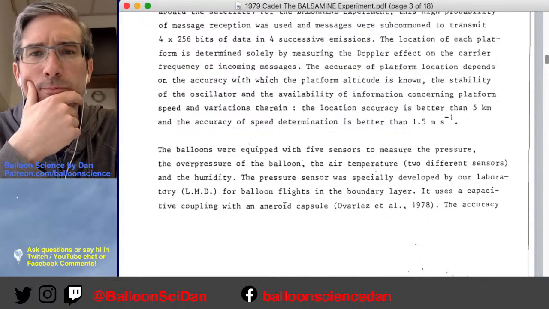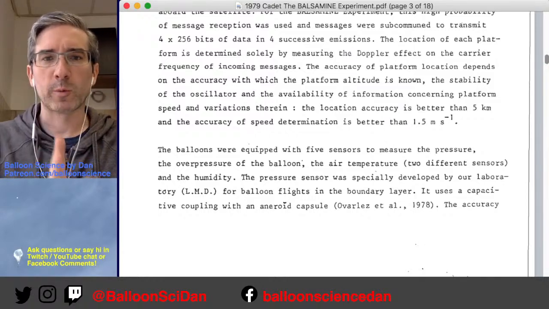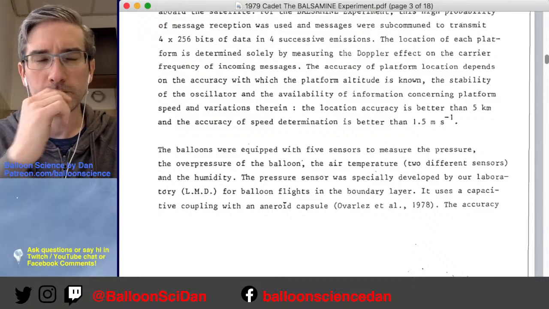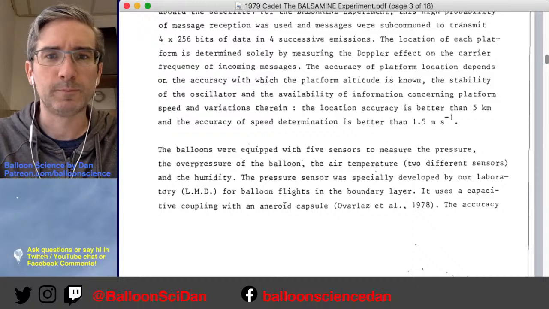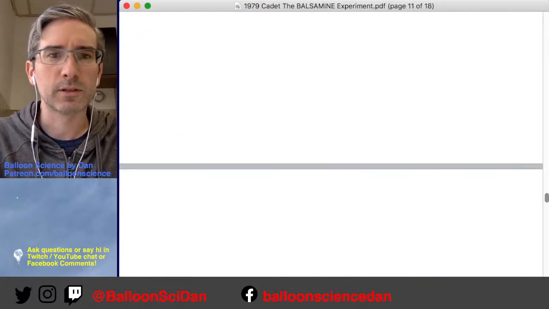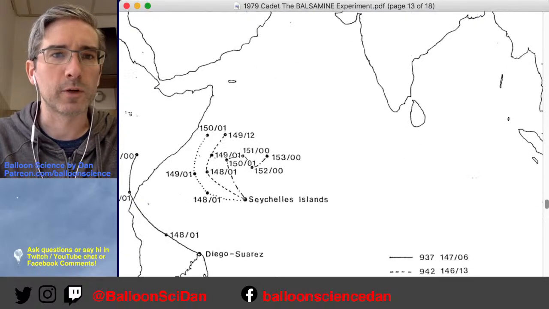I suppose if you knew where the satellite was going precisely, let me draw this here. Let's go down to a map. Let's hypothesize a way that the satellites might have known where things were going.